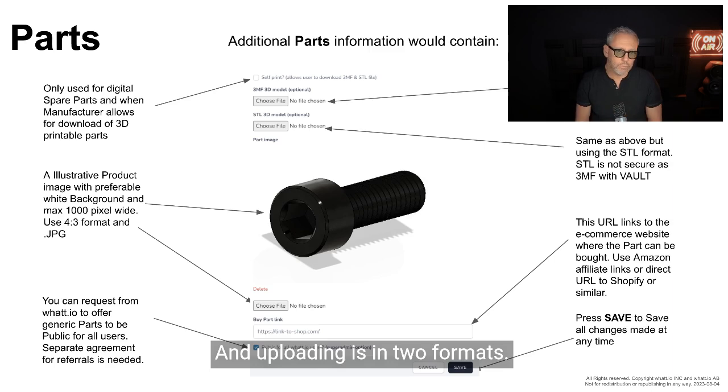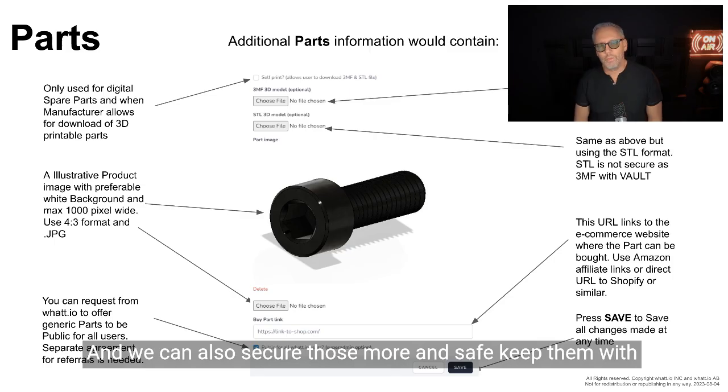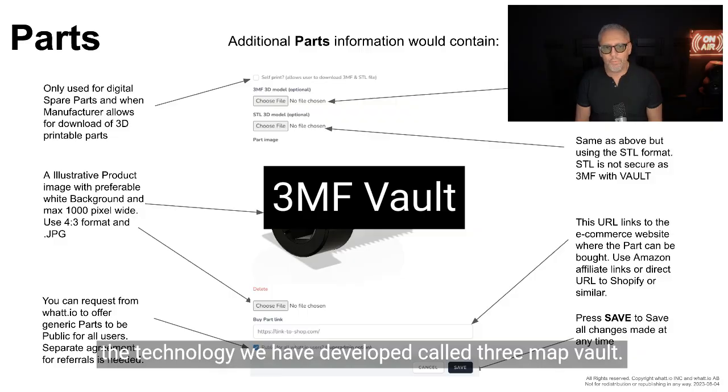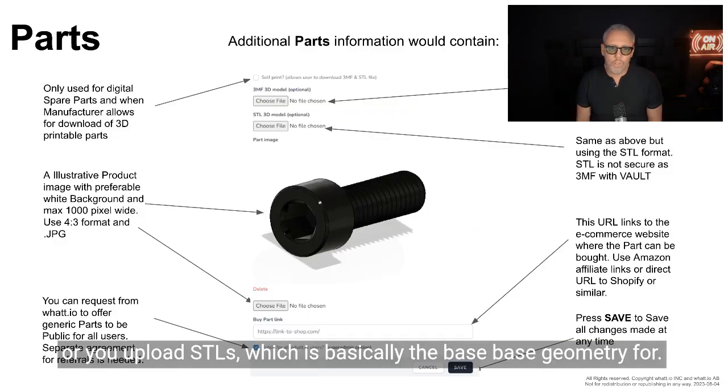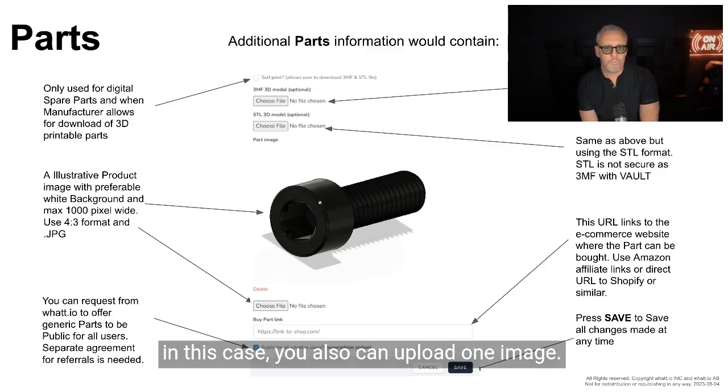And uploading is in two formats. It's 3MF, which is the future of 3D, which also has metadata on it. And we can also secure those more and keep them safe with the technology we have developed called 3MF Vault. Or you upload STLs, which is basically the base geometry for manufacturing in this case.